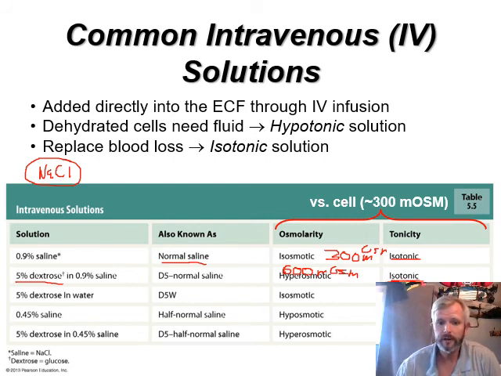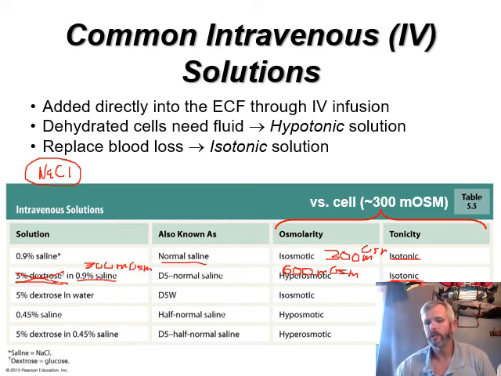So do we care about the osmolarity of the dextrose? Does it matter for osmosis? No, because it is a penetrating solute. So all we have to look at is the 300 from the saline, and that tells me 300 is equal to 300. There's going to be no net movement of water, and my solution is isotonic.